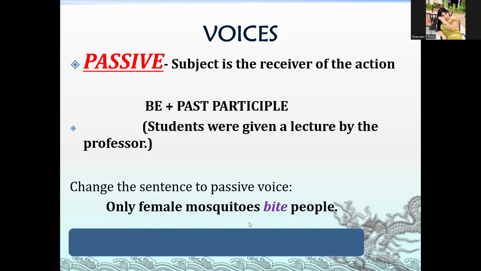Si mosquito, nangangagat. So, female mosquitoes bite people. But if I change it to passive voice, it sounds like people are bitten by female mosquitoes only. Natanggap nila yung action. Nakagat sila ng mosquitoes.